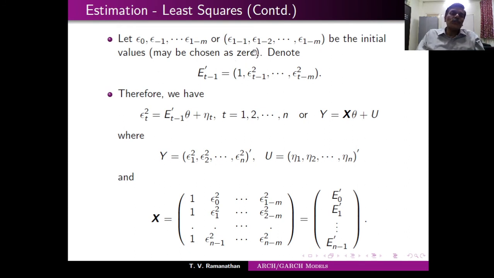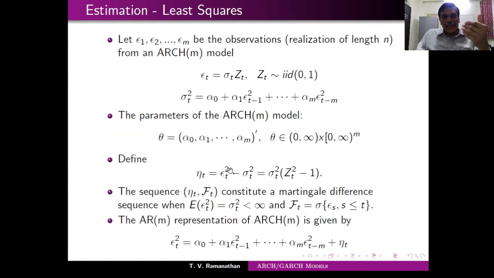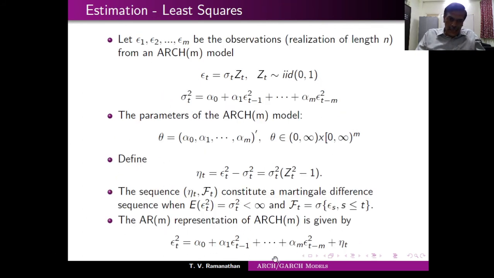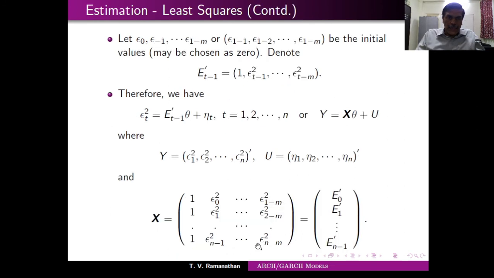Well, you can choose them as 0. If you have a very large number of observations, it's not going to affect, but if you have a very small number of observations, an arbitrary choice may create problems in the estimation. So if you choose them as 0, this is what I'm going to denote 1, epsilon t minus 1 square, etc., this vector.